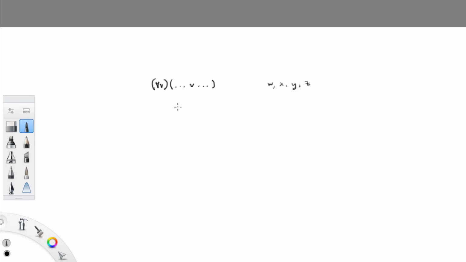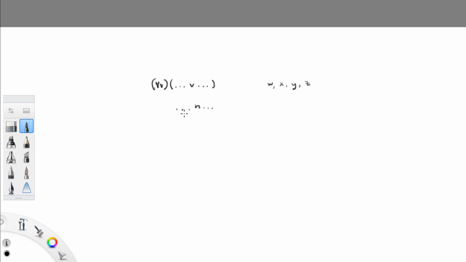And then I want to introduce another bit of notation, and that is to be understood as the above formula, the for all v dot dot dot v dot dot dot.